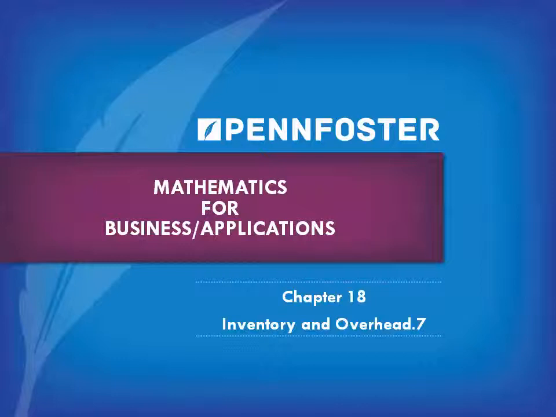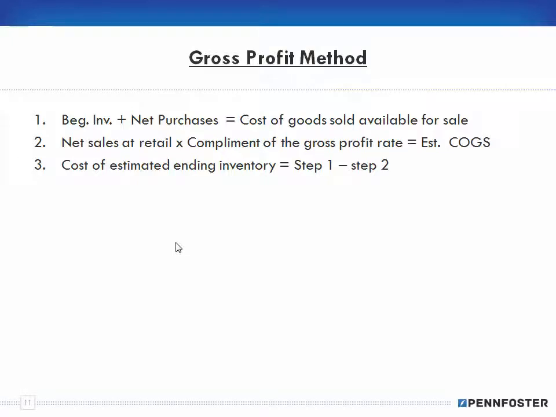So these two methods are estimates, and they do have their place depending upon the type of business and the size of the business. So let's jump on down to the gross profit method.